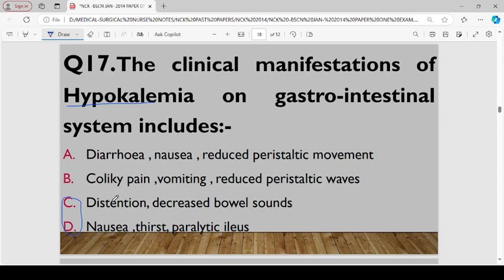Because hypokalemia can cause distension and decreased bowel sounds, and all this is because of the inactive GIT. Nausea because there is obstruction of the flow of the food contents. So someone may feel nauseated, thirsty, and could suffer from paralytic ileus, and that makes any of these correct.